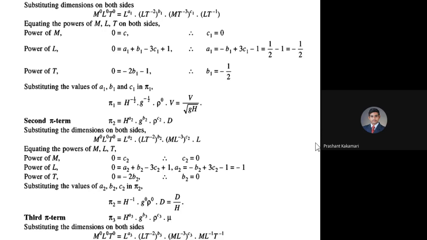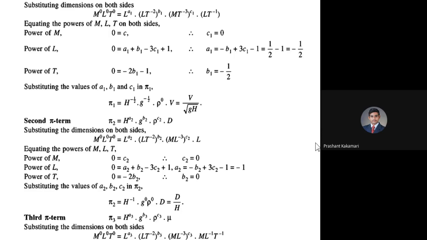Now in this pi 1 term, I can write V in the numerator. Rho is in the numerator, but rho raised to 0 is neglected. So V divided by, now the square root is taken because it is raised to half. Whenever the powers are half, I can take the square root, and whenever the powers are minus, I have to write it in the denominator.